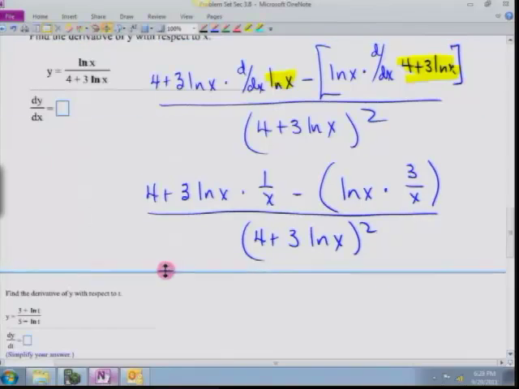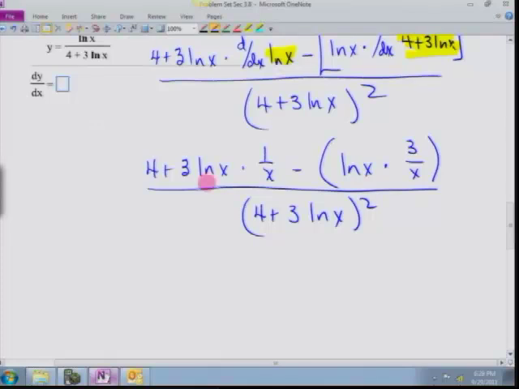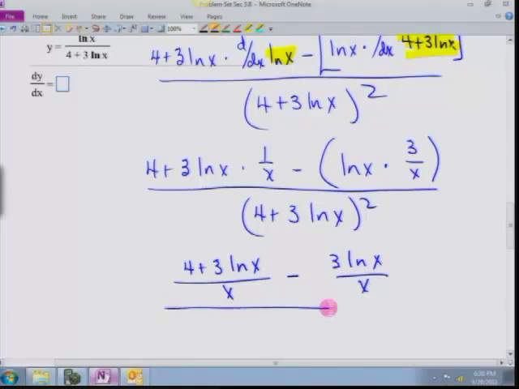Okay. So over here, you can't really just cancel things out. You've got 4 plus 3 ln x over x, minus 3 ln x over x. Does that make sense?